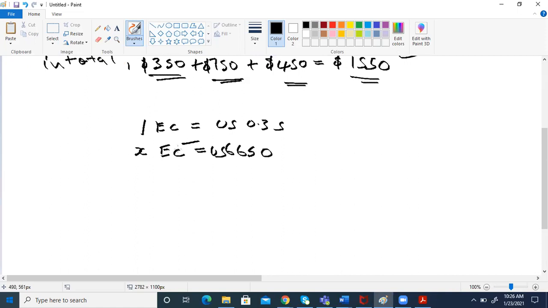And then they cross multiply and say, okay, we have 6,650 is equal to 0.35 x.